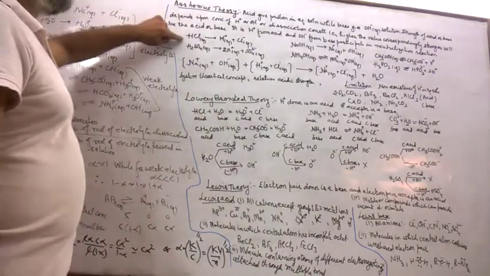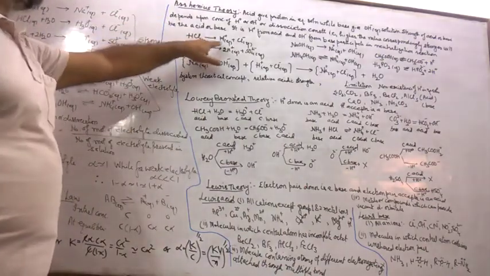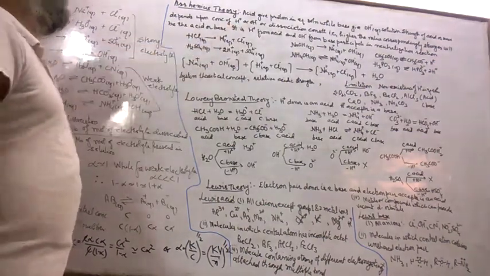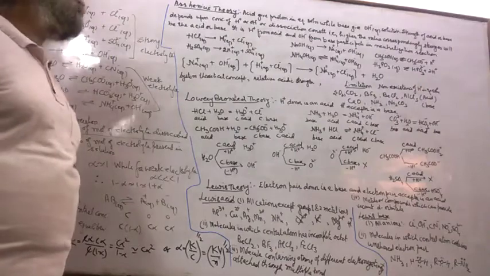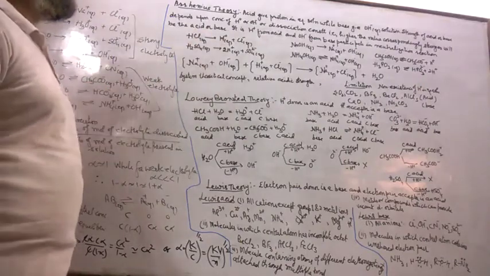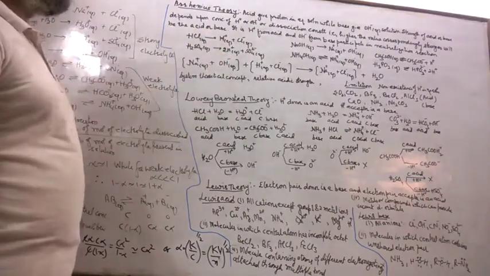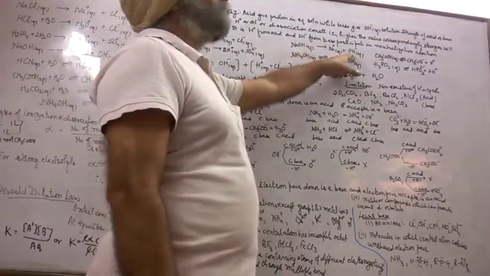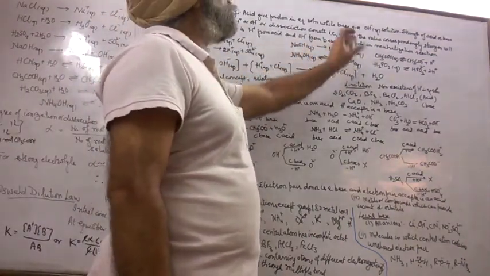Like HCl, according to Arrhenius, it should give H positive aqueous and Cl negative. Since it provides H positive, it should be an acid. Irreversible sign, strong acid. In this case, it gives OH negative, irreversible sign, strong base.